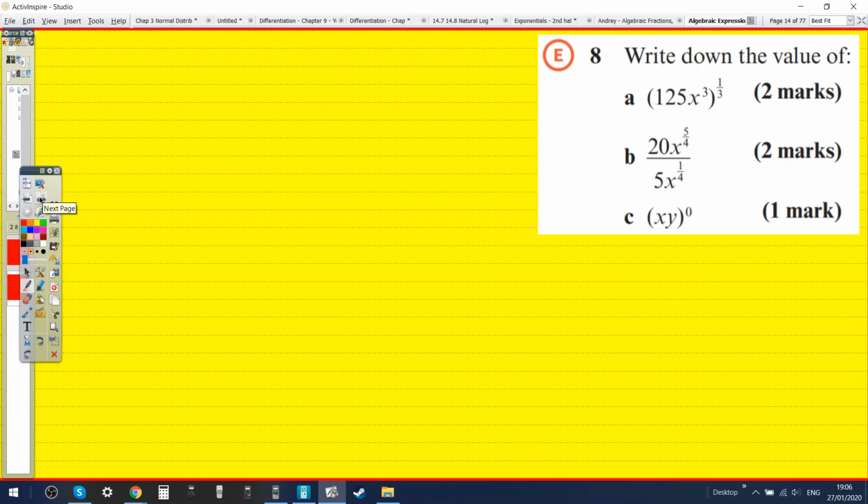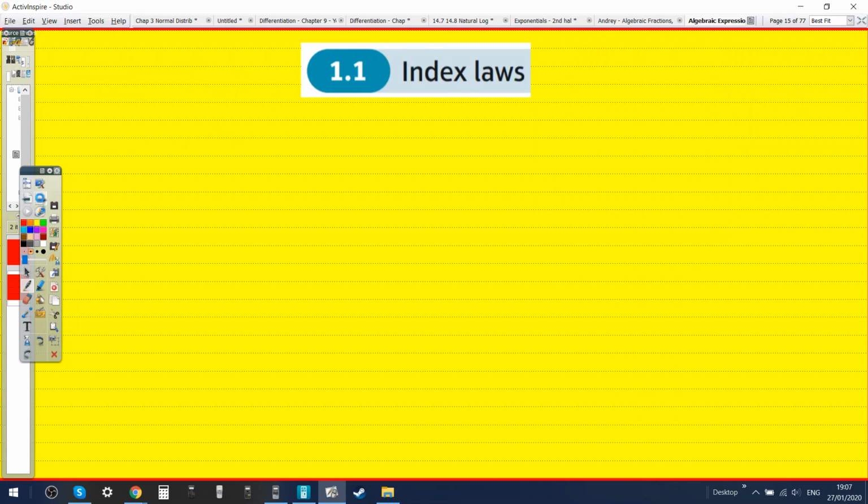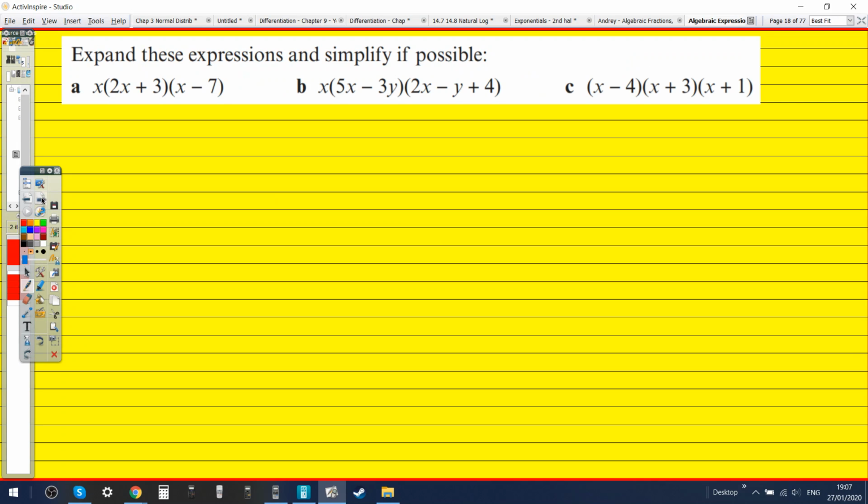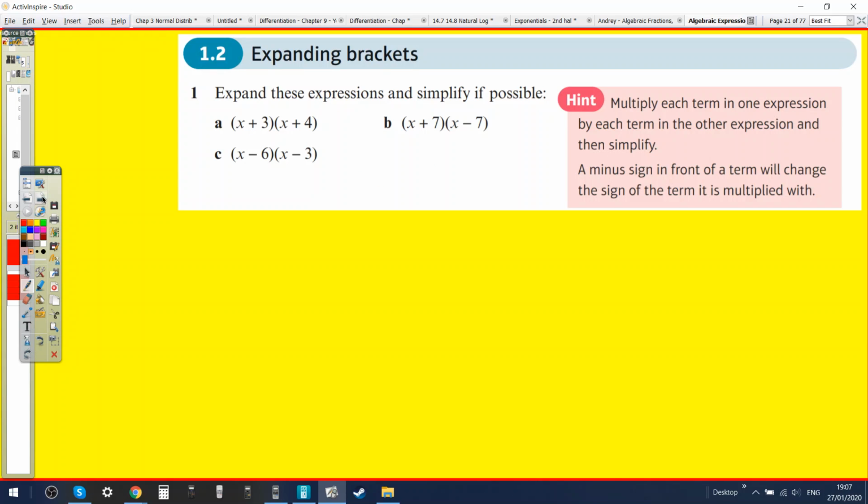What is 8A? So will that just be 5x, to the power of, no, just 5x. Yeah. Okay, so that's index laws. Expanding brackets. I think you're good.